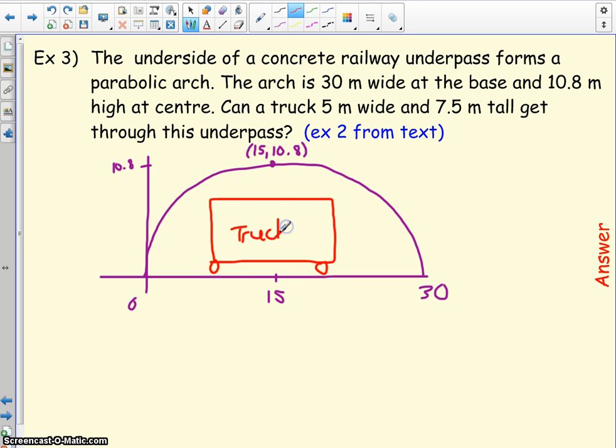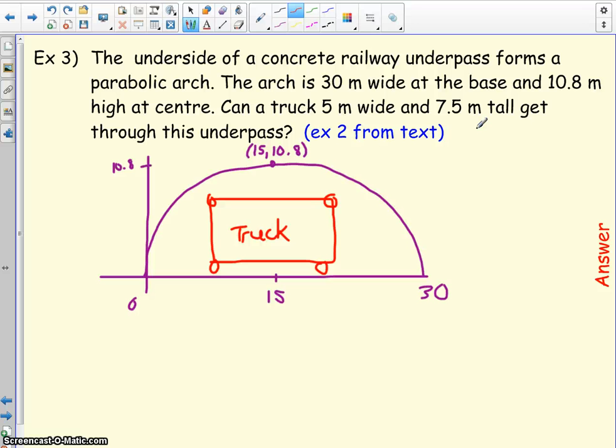But where we're going to potentially run into problems is obviously at the corners of the truck here. So basically at the edges. So we need to figure out essentially how high is the underpass at the edges of the truck, so we can see if it actually will fit the 7.5 meter tall truck or not. Okay, so that's really what we're looking for here.